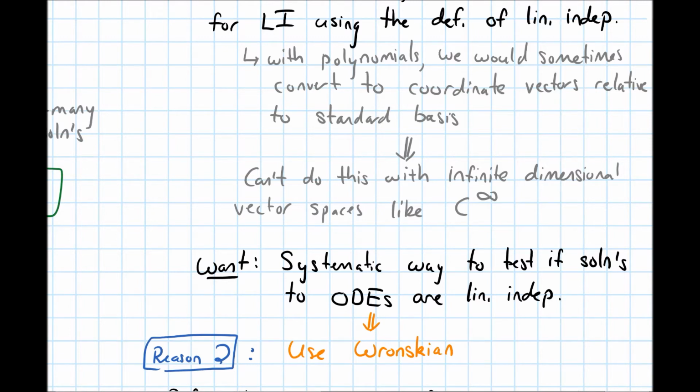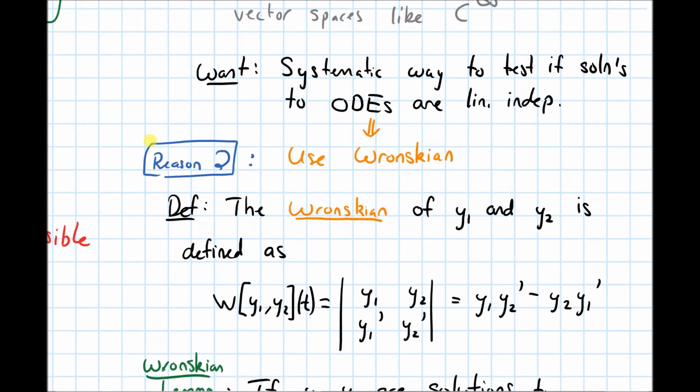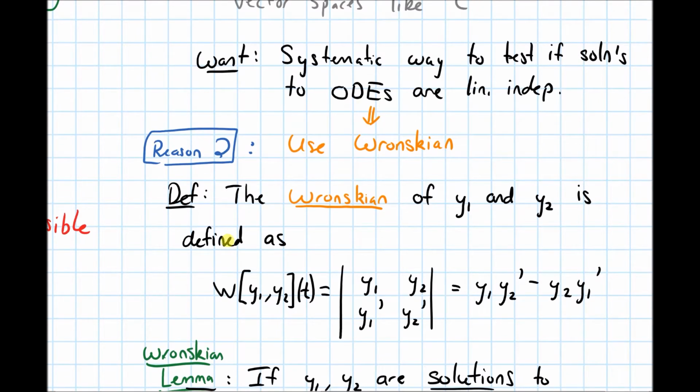Okay, so let's give a definition of what this thing is. The Wronskian of two functions, y1 and y2, is defined as the following. On the left-hand side of this equal sign is my notation for the Wronskian. So the Wronskian is a function that will input two functions, y1 and y2, and what it'll give us out is this determinant. That's what these vertical lines mean.